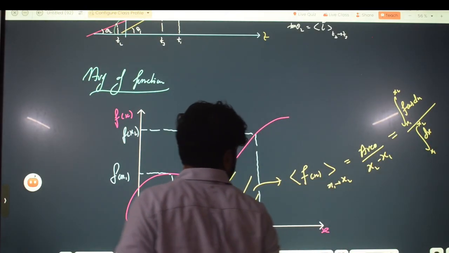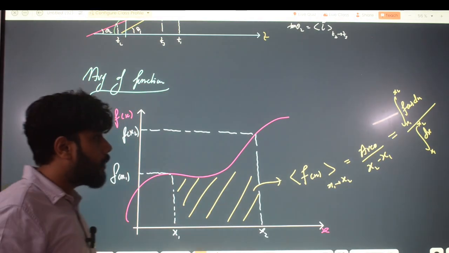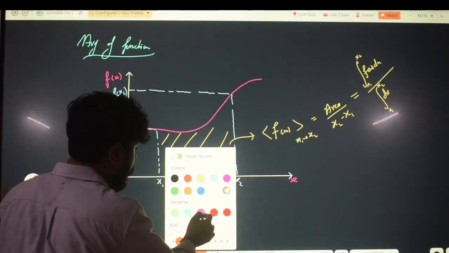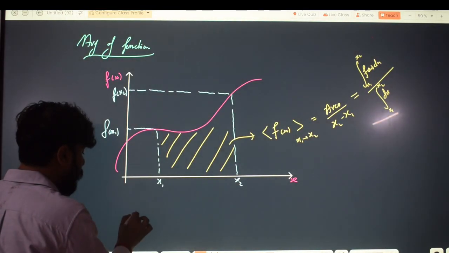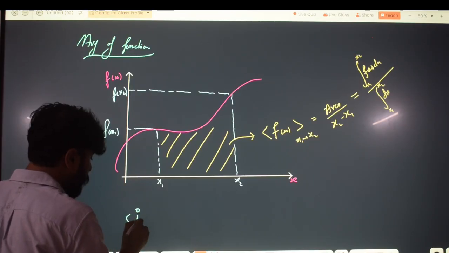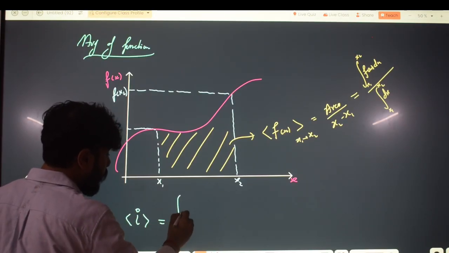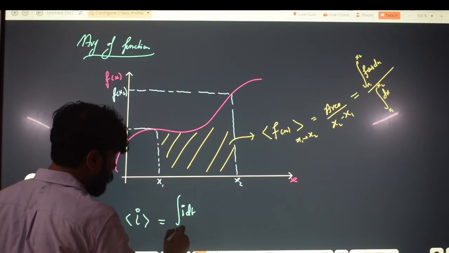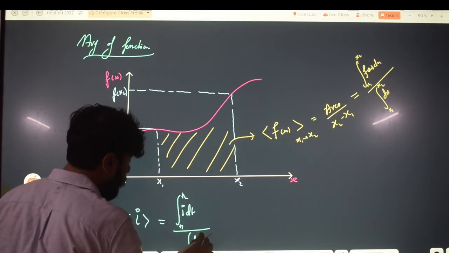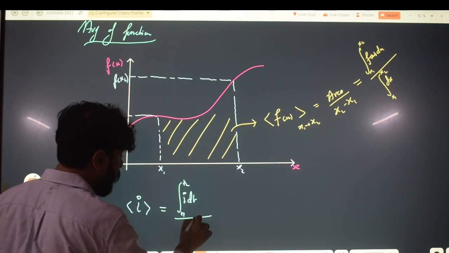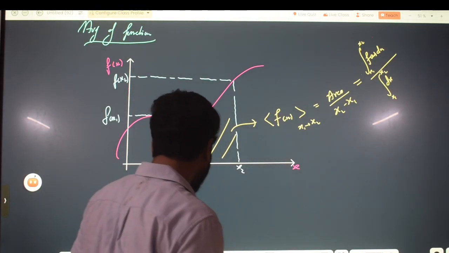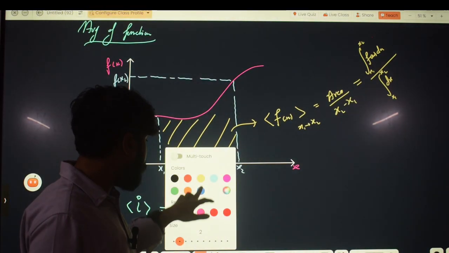Integration of dx is just going to give you x, upper limit minus lower limit, so it is going to be the same. So what I am conveying is that average current can also be found as the integration of I dt from t1 to t2 over the integration of dt from t1 to t2. Alright, we can have an example of this to understand it.